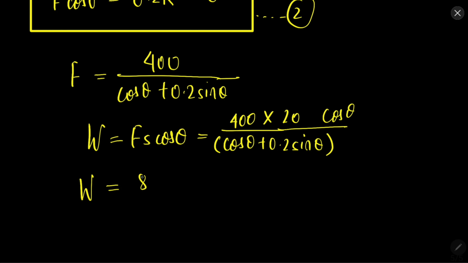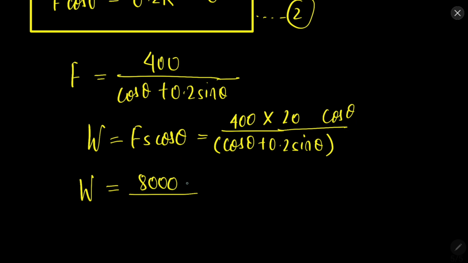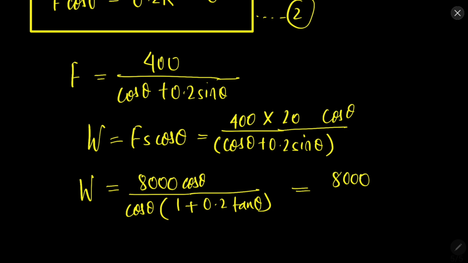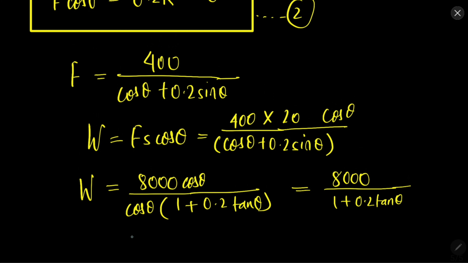So the work done will be 8000 upon cos theta, and let's take cos theta common. It will be 1 plus 0.2 sin theta upon cos theta, which is tan theta. So it will be 8000 upon 1 plus 0.2 tan theta, and with more simplification it will be 40,000 upon 5 plus tan theta. So this will be your work done.